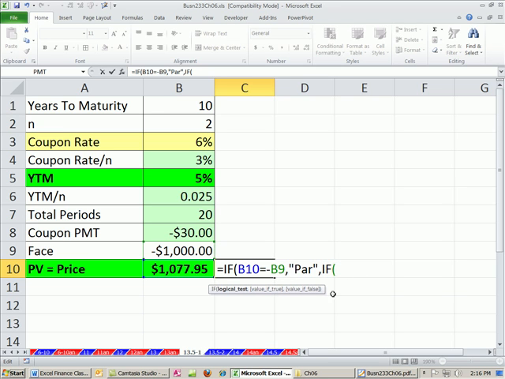So the next test is going to be, is the price greater than, and we have to do our negative again because that's negative, right? And we can see clearly what's the answer to this. Is 1,777 greater than 1,000? Yes. So we type a comma. You can see that's our logical test. We type a comma, and the value if true is what? Premium. So in quotes, premium.